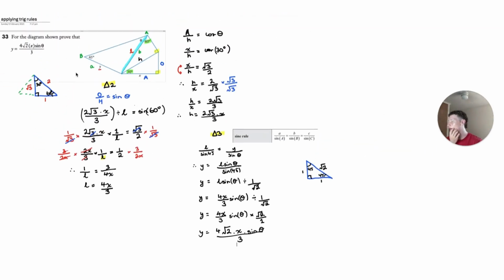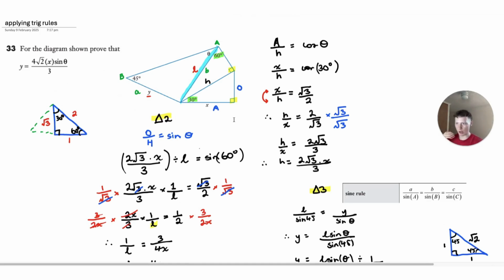Cool. So essentially there we've just applied a couple of understandings around manipulating our basic trig ratios, so sine, cos, and tan, except in a more complex scenario because we've now got to build up to get this length. Then once we've got that length, we're applying the sine rule to figure out a relationship between side and angle that uses the information we already have.